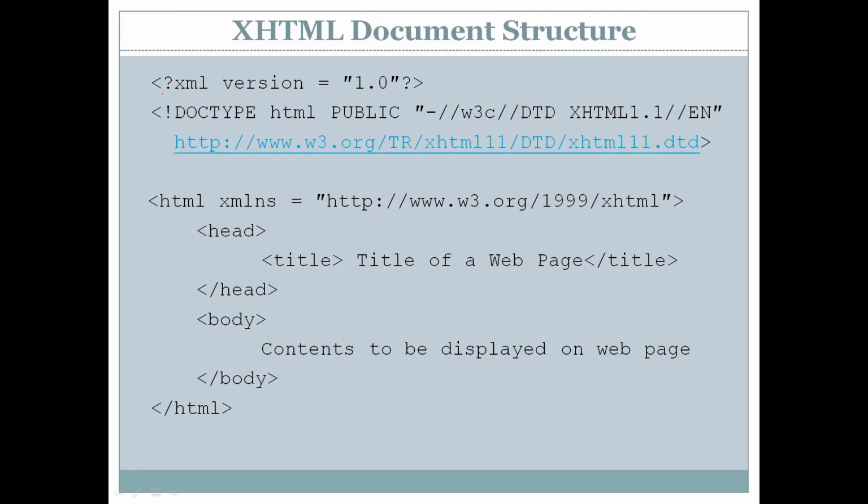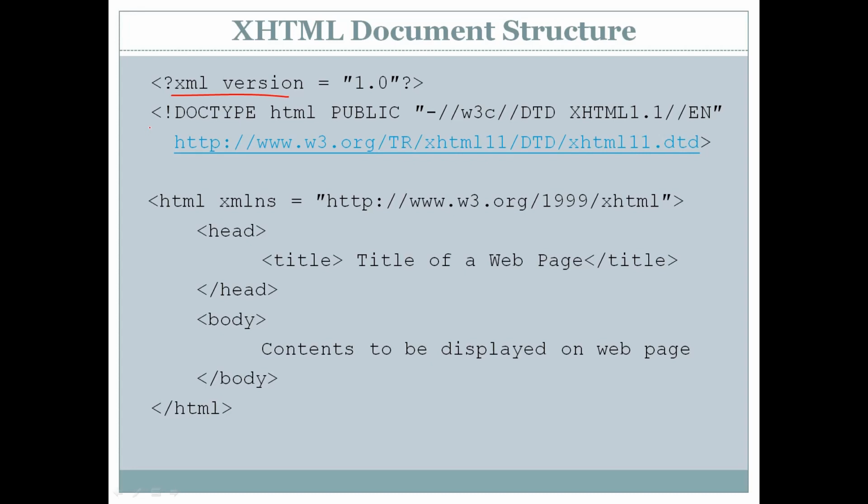An XHTML document always begins with an XML declaration, which includes the version of XML, and optionally it may also include the encoding format, that is, the text encoding.